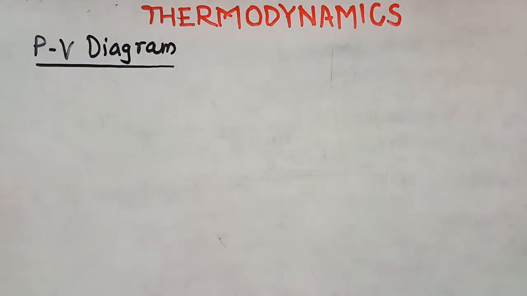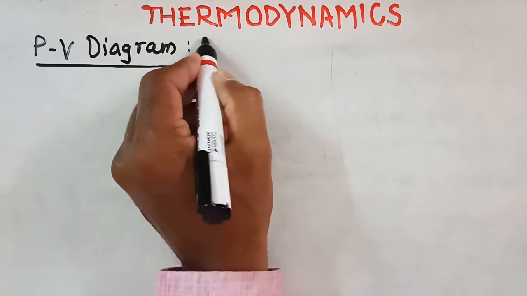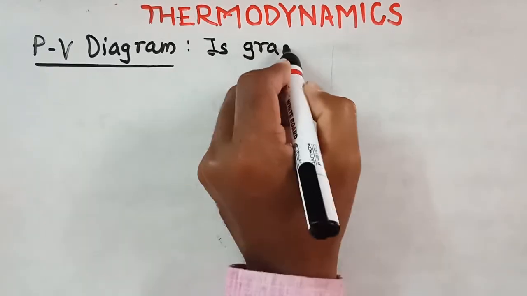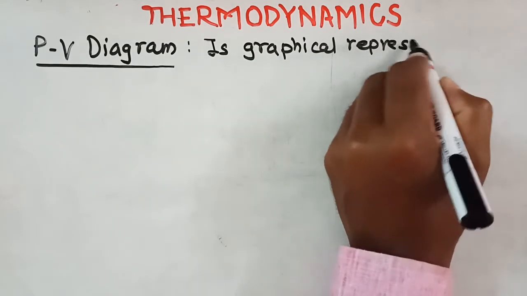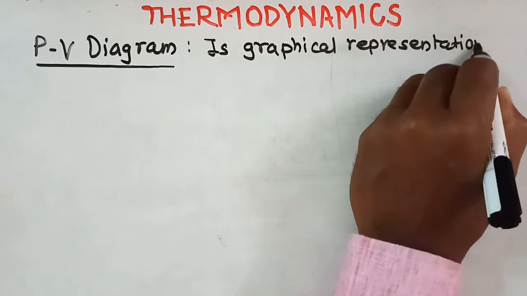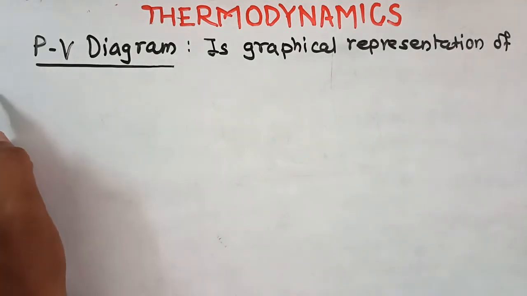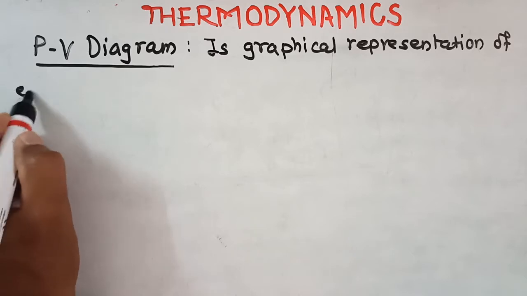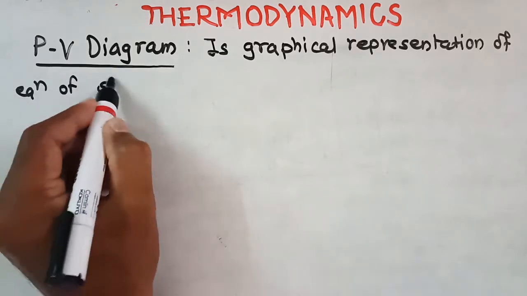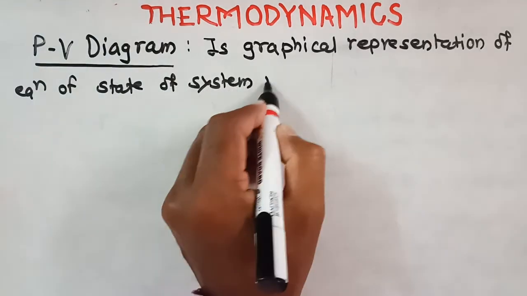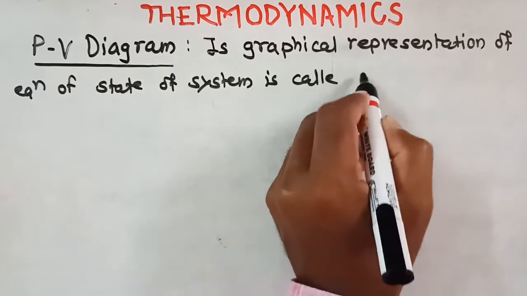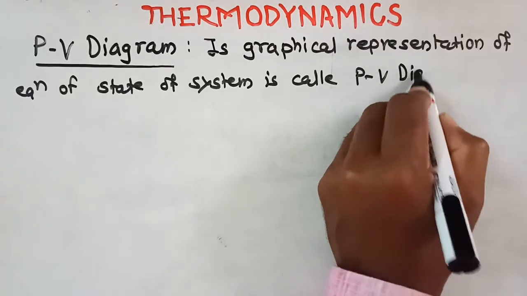PV diagram is a graphical representation of equation of state of a system. What is PV diagram? PV diagram is graphical representation of equation of state of system is called PV diagram.